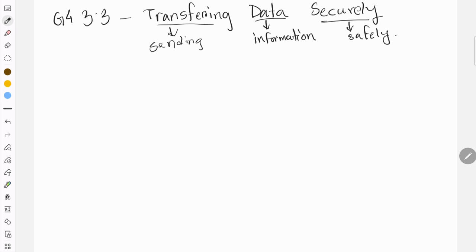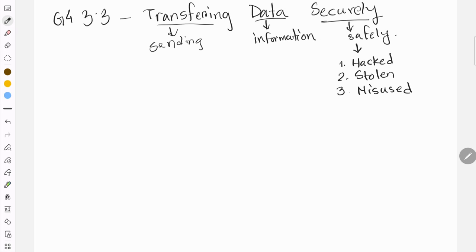So why do we need to transfer data securely or safely? What is the importance of it? If your data is not safe while being sent on the internet, whenever you're sharing some information with your friends or family or anyone, there is a possibility that your data might be hacked, stolen, or misused.